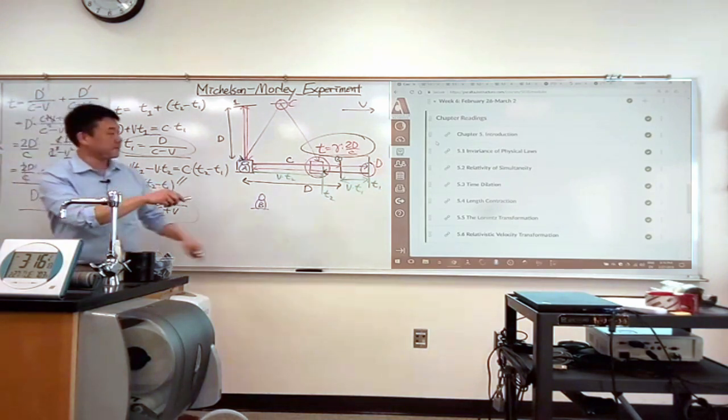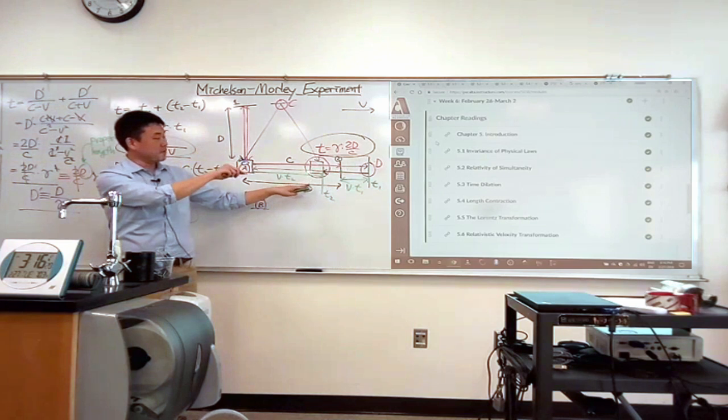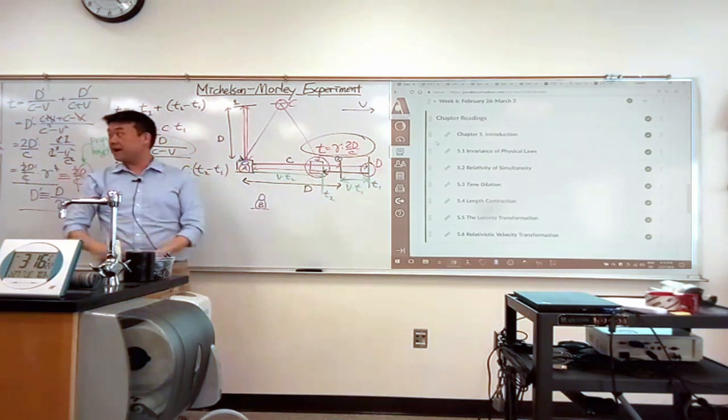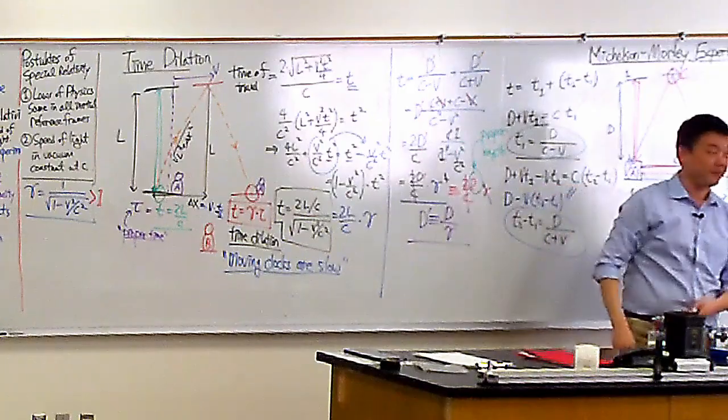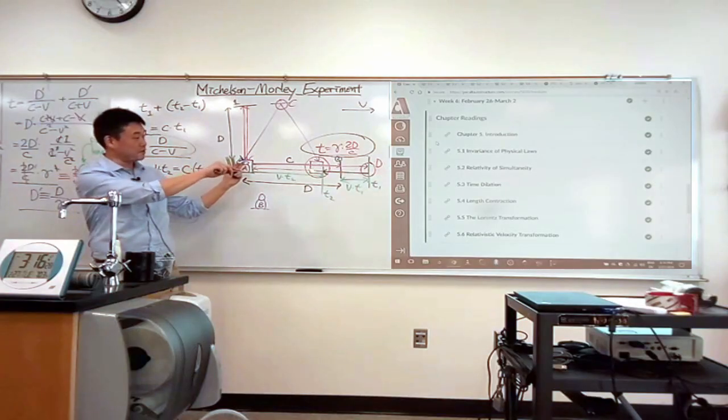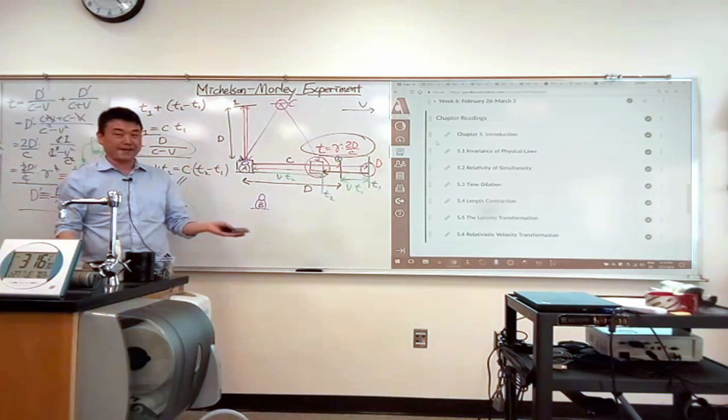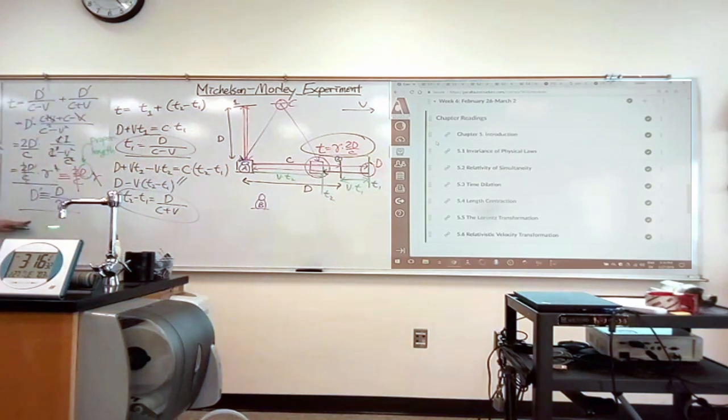That must be true because I have laws of physics constraining what I can do. I have experiment telling me that these two light beams must arrive at the same time, and I have the second postulate of special relativity that tells me the speed of light cannot change on the return trip. The only thing I can change is this length. So this is what we call length contraction, or Lorentz contraction.